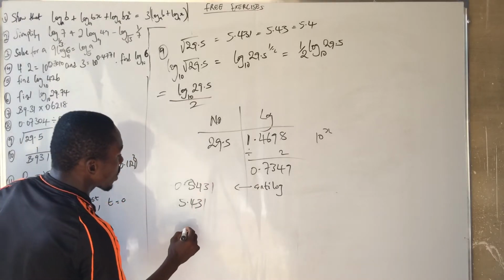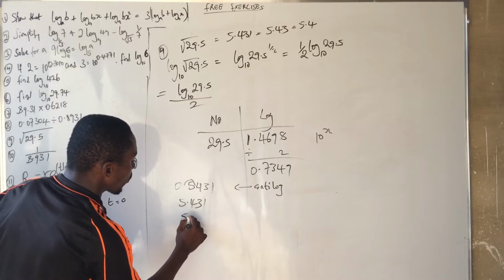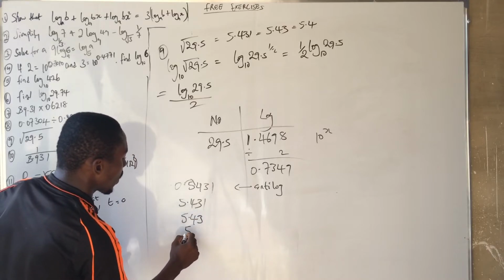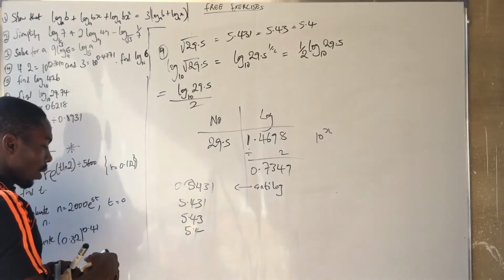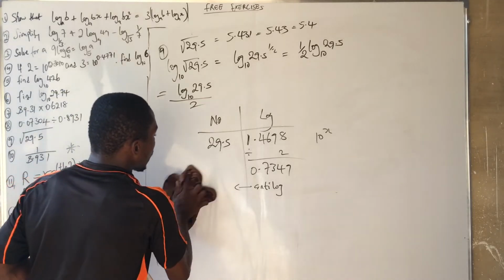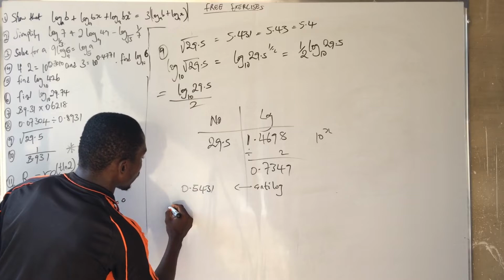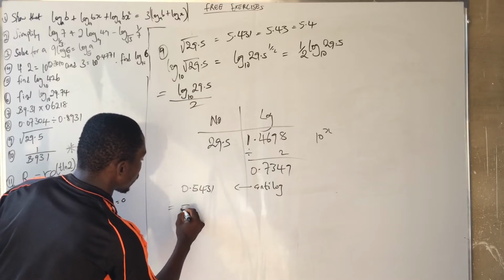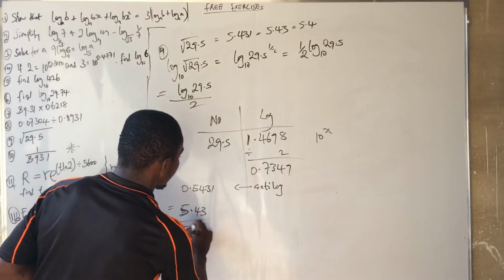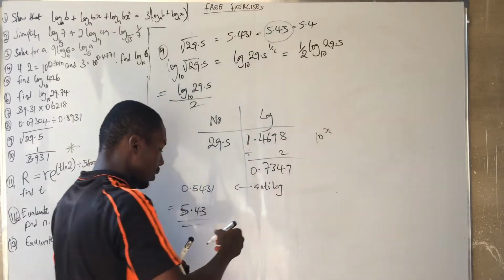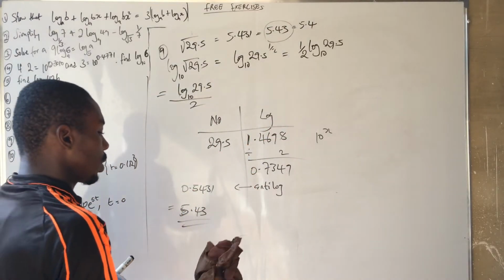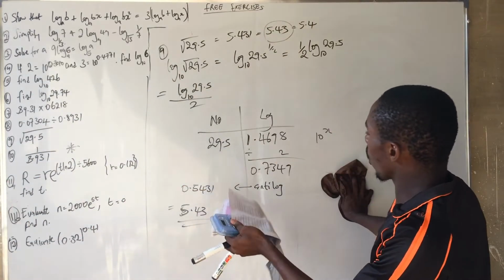So to 2 decimal places is 5.43. To 1 decimal place is 5.4. So we see that they are all the same, but not always the same. So I hope you understand this.